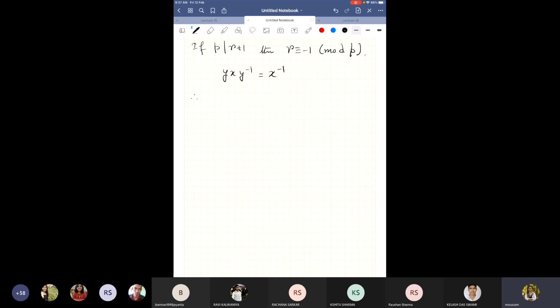Therefore, in this case, G will be the group generated by x and y such that order of x is equal to p, order of y is equal to 2, and y x y inverse is equal to x inverse. This is nothing but the dihedral group, because this is the relation of the dihedral group. Is this fine?